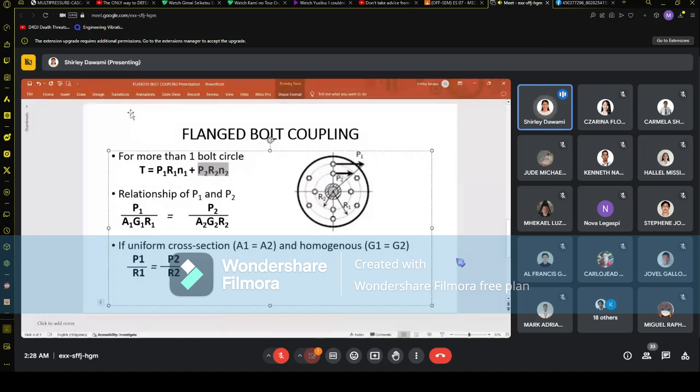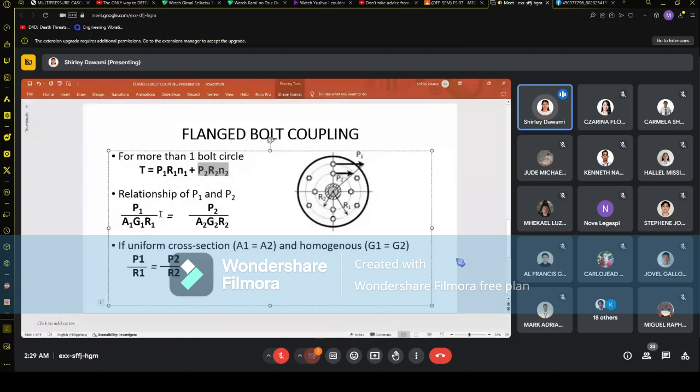Okay. So now the relationship of P1 and P2: that is P1 over A1 G1 R1, which is equal to P2 over A2 G2 R2. With these two bolt circles, there are many bolts that will offer resistance.